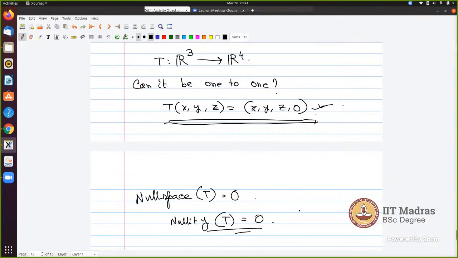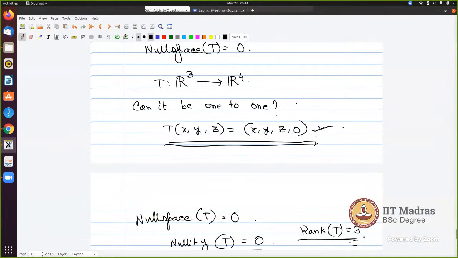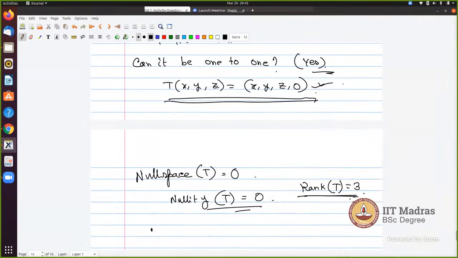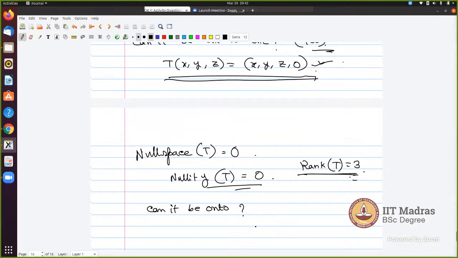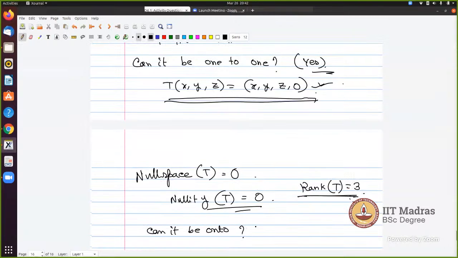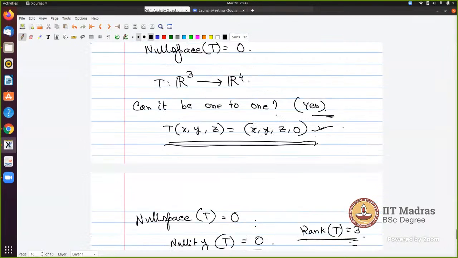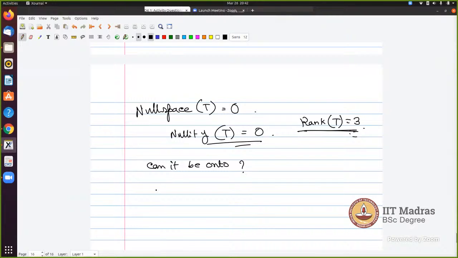What is the rank of this? Rank of it is 3. Okay, so it can be 1 to 1, right? Can it be onto? No. Why? Because the rank must be less than the dimension of the codomain, and the codomain has more dimension than the domain.